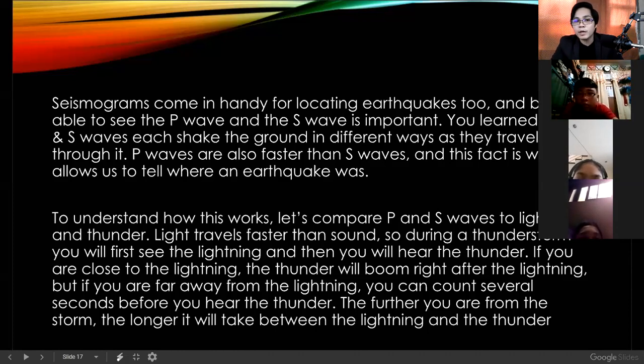Again, the P wave, or primary wave, moves faster than the S wave, or secondary wave. To understand how this works, let's compare P waves and S waves with lightning and thunder. Okay? What comes first, lightning or thunder? Lightning.